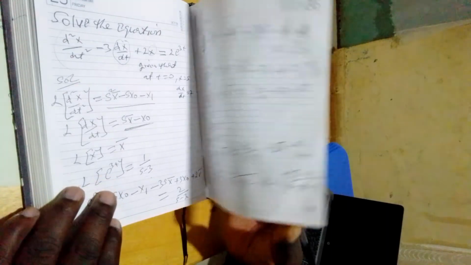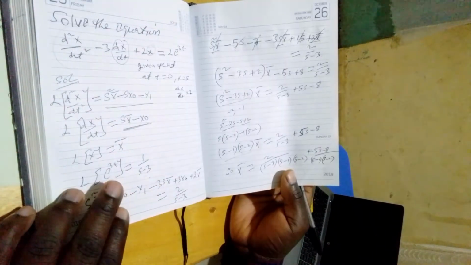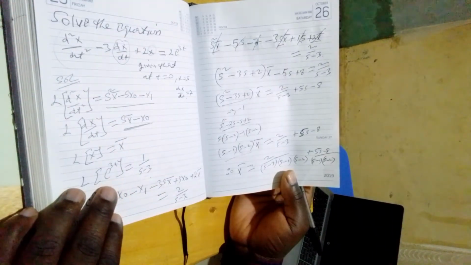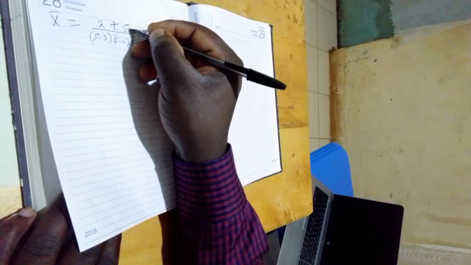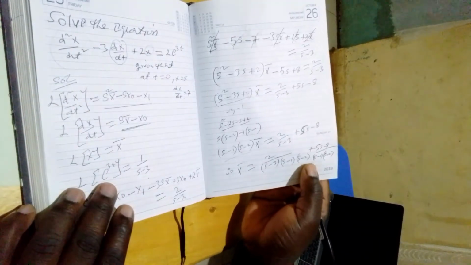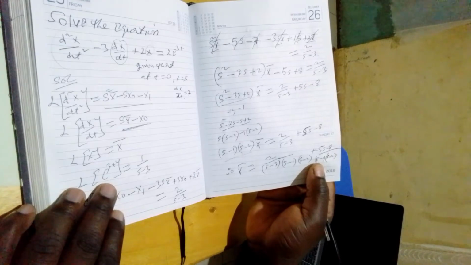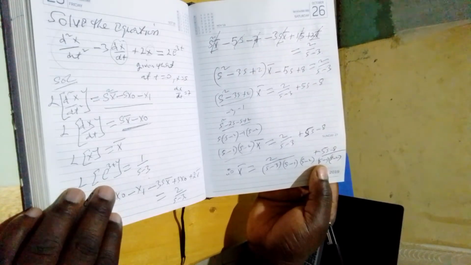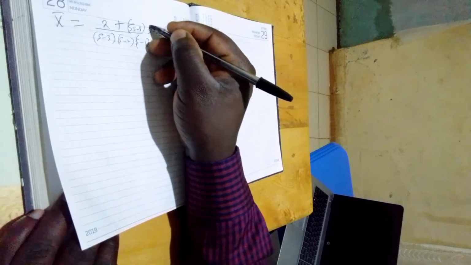So here we shall have 2 plus (5s minus 8) into (s minus 3).